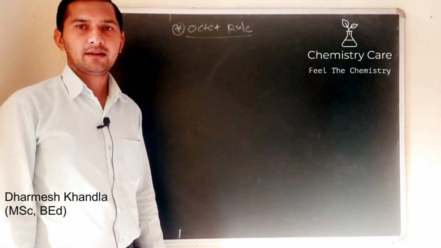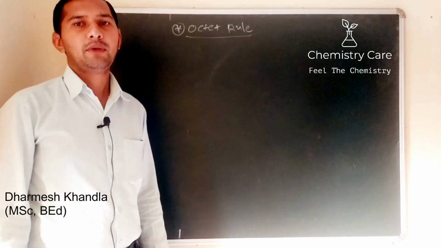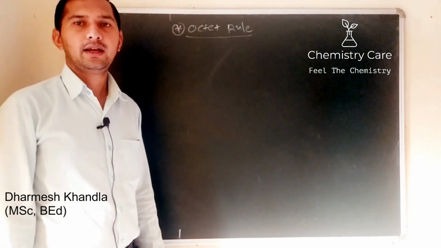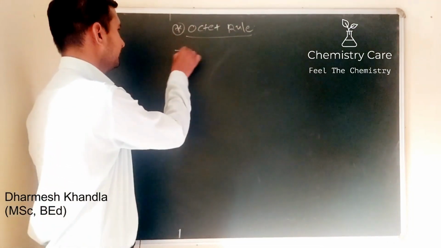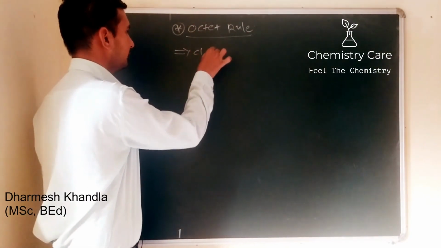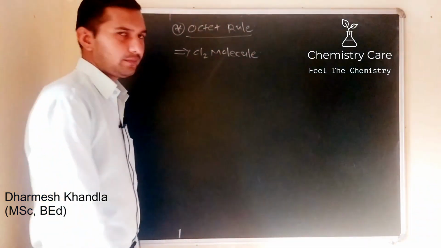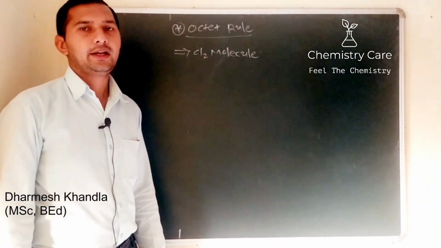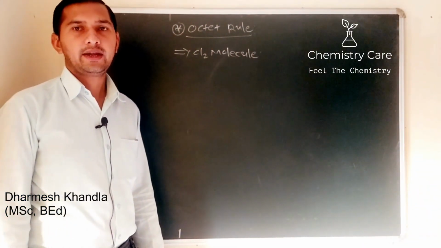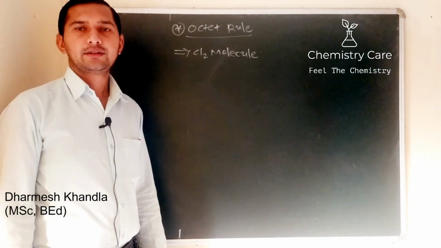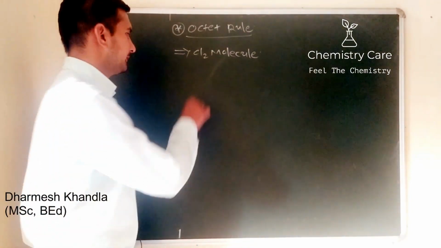First, we take the Cl2 molecule for better understanding of this octet rule. We know that the electron configuration of a single chlorine atom is neon 3s2 3p5.